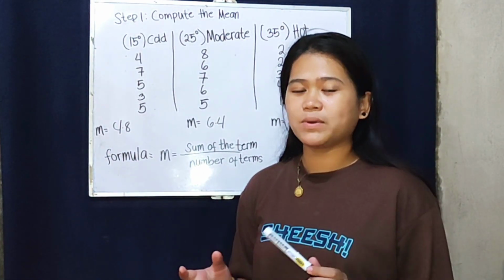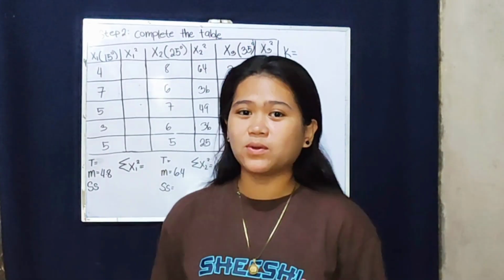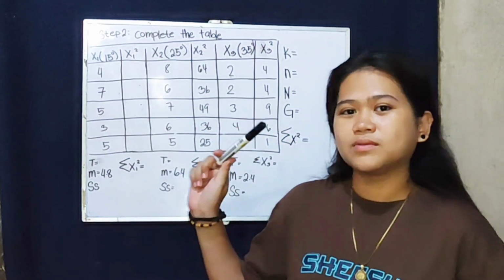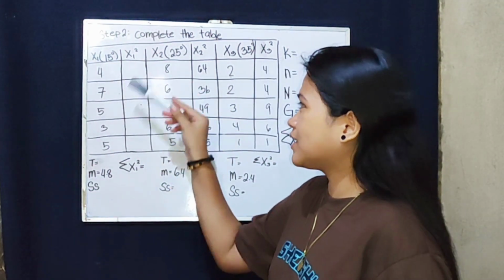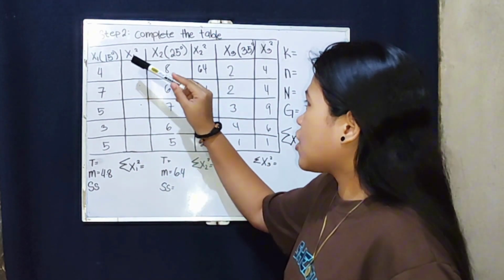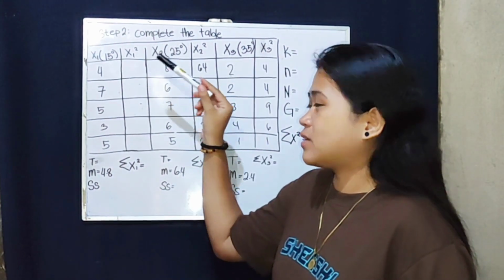So, gi-recap lang nako kay mao na tong first nga formula. So step 2, complete the table. Ang atong first group which is 15 degrees kay mao ni ang x sub 1. Unya, ang second column kay x sub 1 squared.